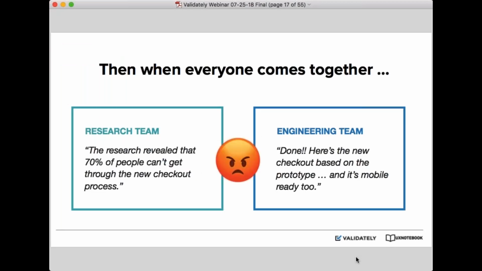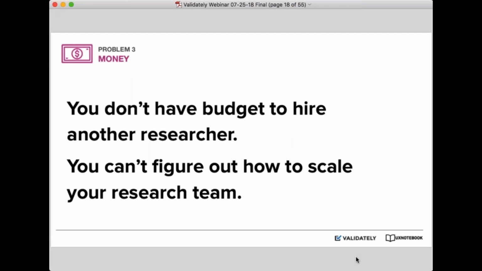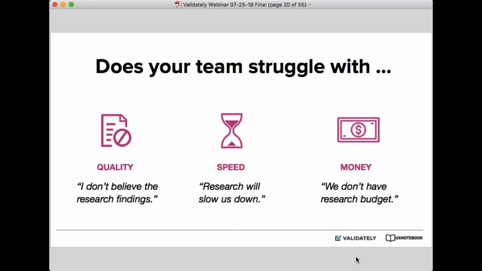So the next reason that we're probably not doing enough research, like we said, is money, where you don't have budget to hire another researcher, and maybe you don't know how to scale your research team. And you probably feel this tension, right?